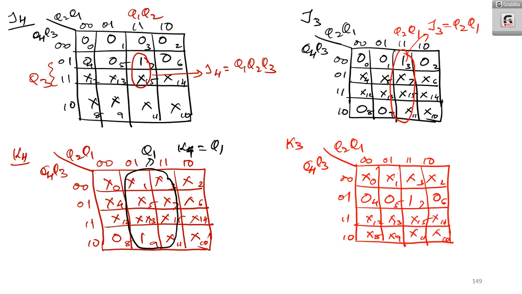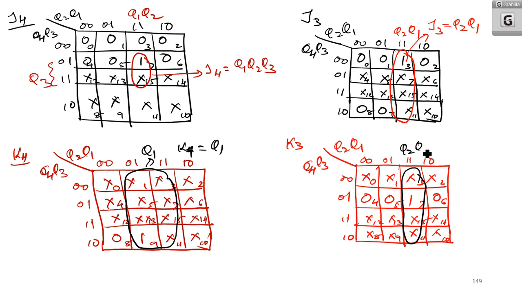Again, looking at K3, we can club in a quad. What is common?